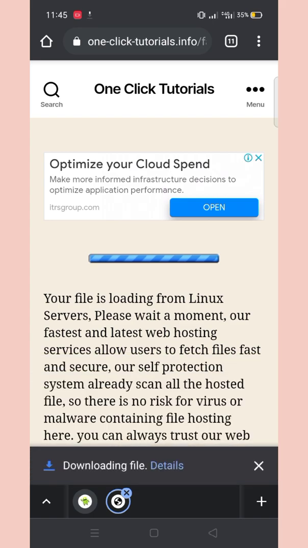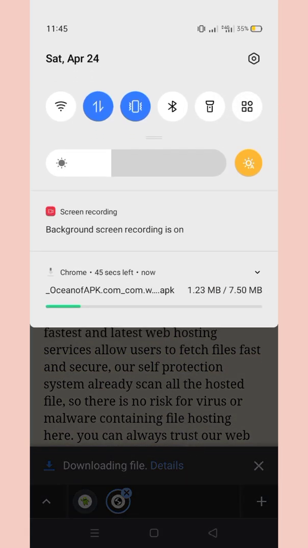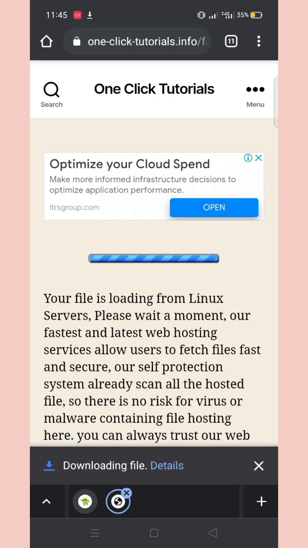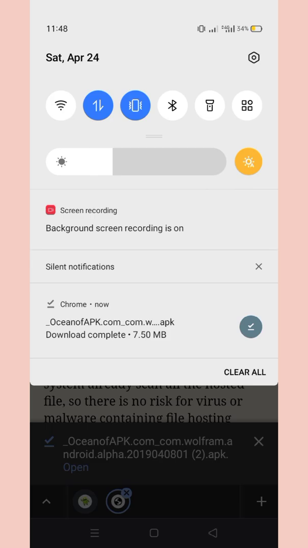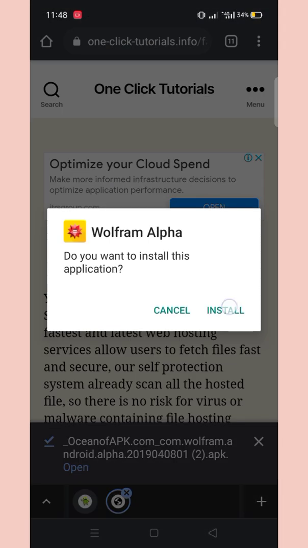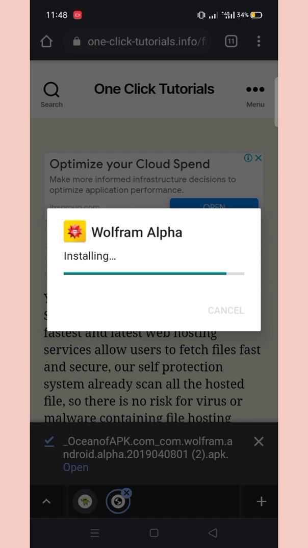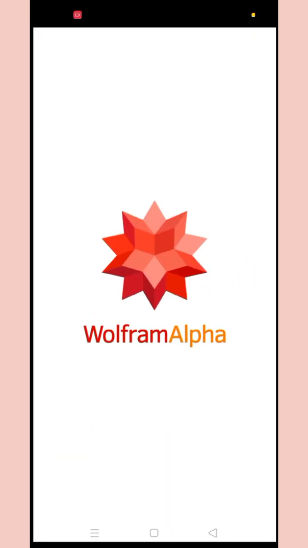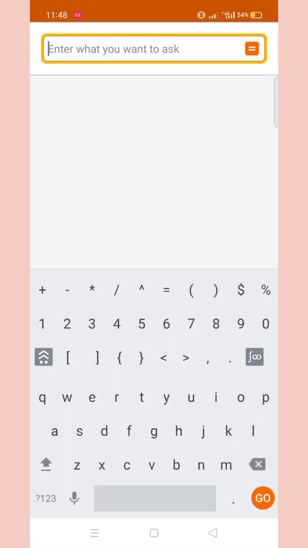Then click download and let's wait for it to finish. So after downloading, let's click install and it will be installed for free. There is no need to pay 155 pesos. Then click open and let's explore the Wolfram.